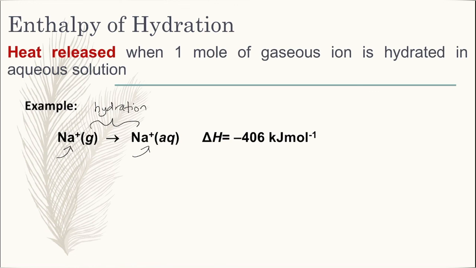In this hydration process, the value of enthalpy of hydration is negative 406 kilojoule per mole, which indicates that in this process, an amount of 406 kilojoule of heat is released. Please bear in mind that the unit kilojoule per mole represents that 1 mole of gaseous ion is hydrated in aqueous solution.